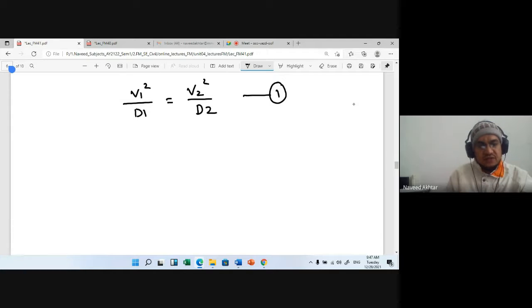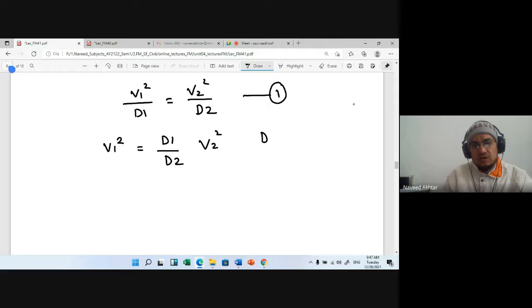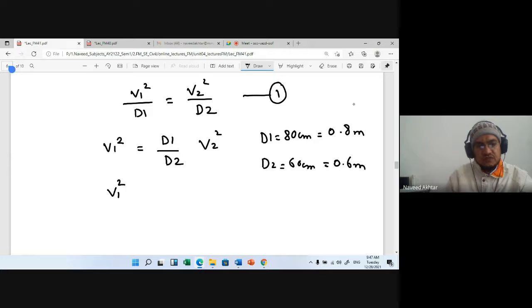So what will be V1 square? V1 square is equal to D1 upon D2 times V2 square. Now D1 we know is 80 centimeter, that is 0.8 meter. D2 we know is 60 centimeter, that is 0.6 meter. Putting this value, V1 square is equal to 0.6 upon 0.8, sorry, 0.8 upon 0.6 times V2 square.